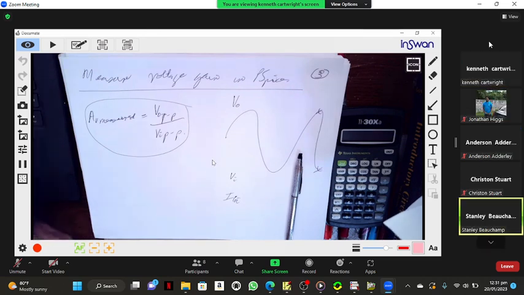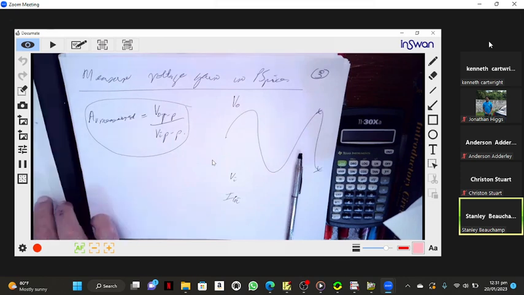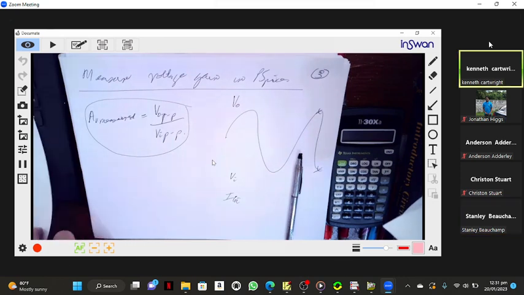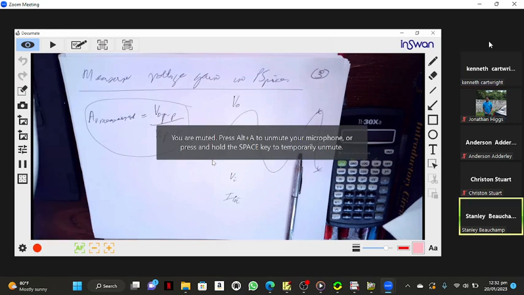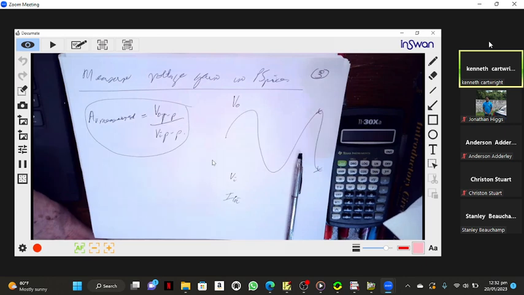All right. Oh, let me add one more thing to that homework. Make sure the input impedance to the circuit is at least 10,000 ohms.